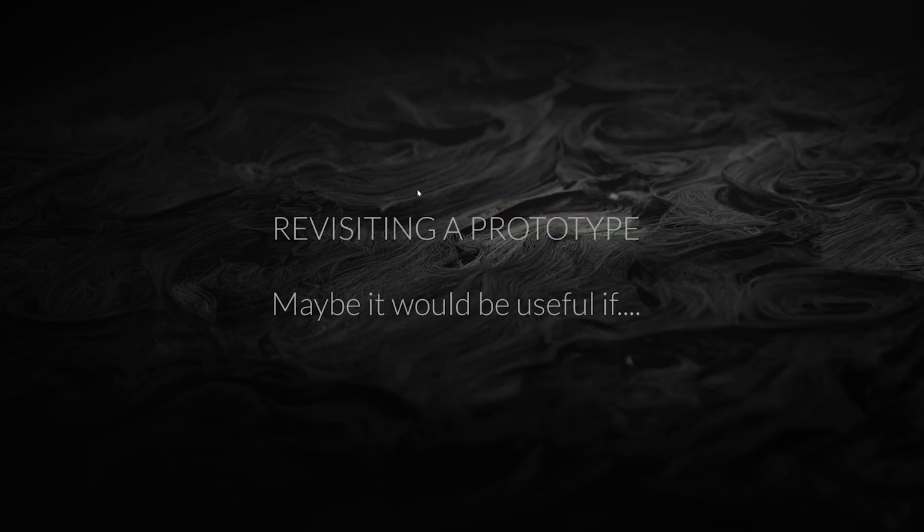So, what do we have here? Revisiting a prototype. A long time ago, I had a little play at just a little idea, really, of being able to draw out a bone chain, and this was working at object level, using a stroke sop as an input.